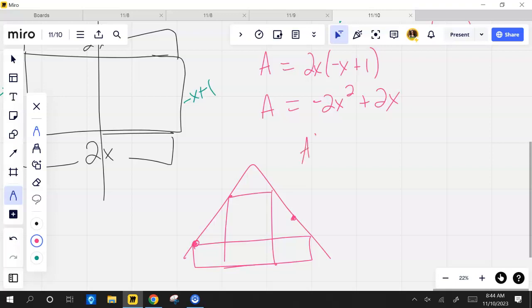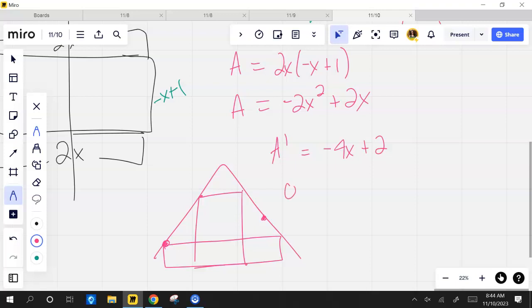All right, so let's do the derivative. Negative 4x plus 2. Where does that equal 0? 1/2. You did what Robert did, you're just randomly thinking about cutting it in half.